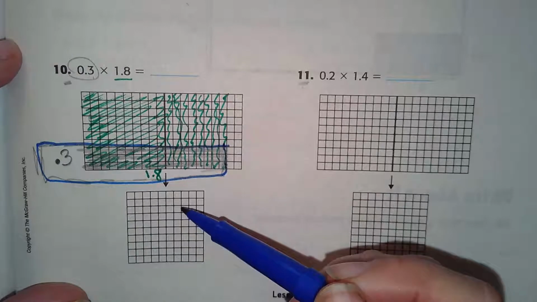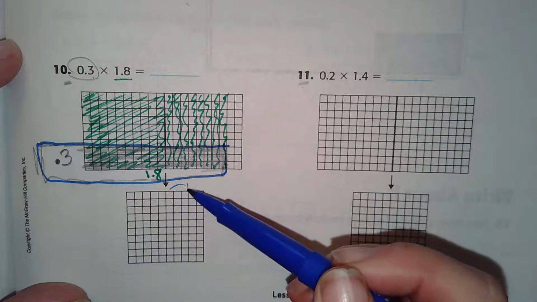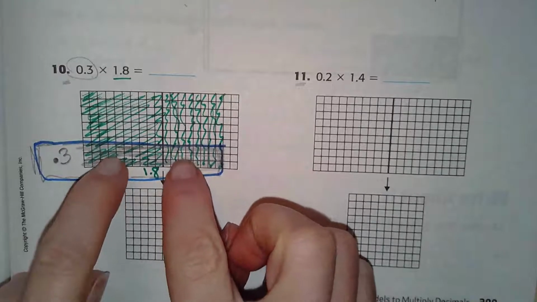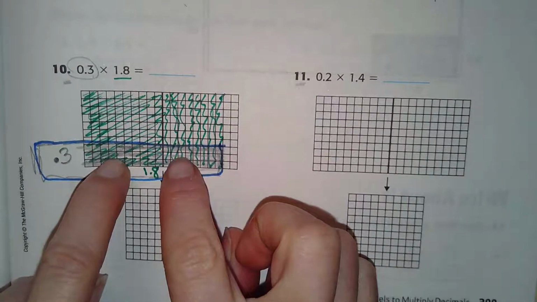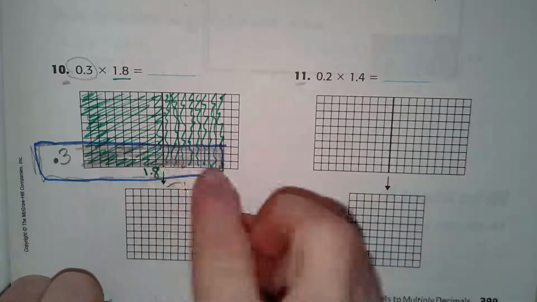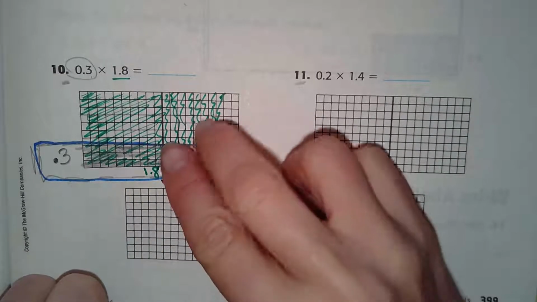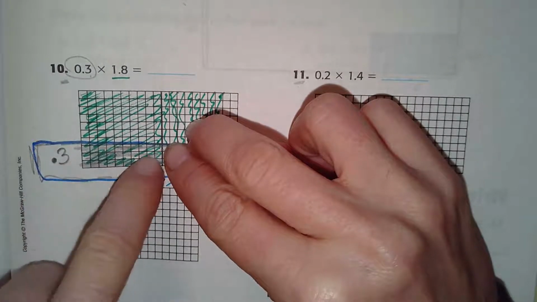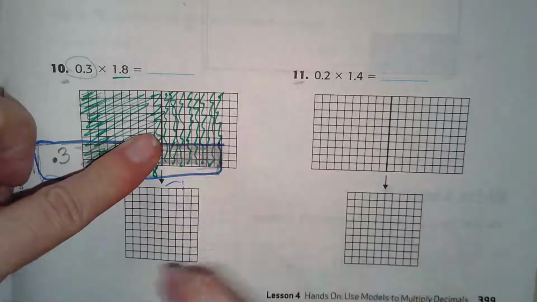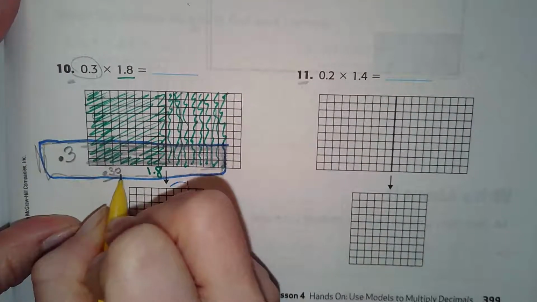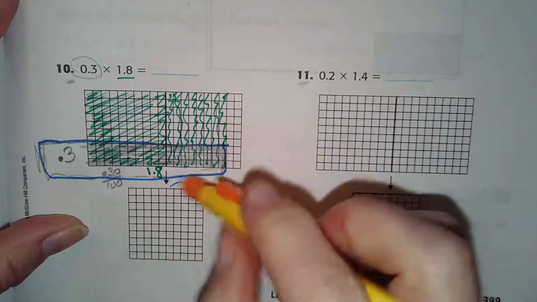The reason they're giving you this other box for the modeling is that it's hard to really tell how much there is having it spread across 2 whole squares. So you know there would be 3/10 out of this whole square. That would be the same as 30/100ths, right?